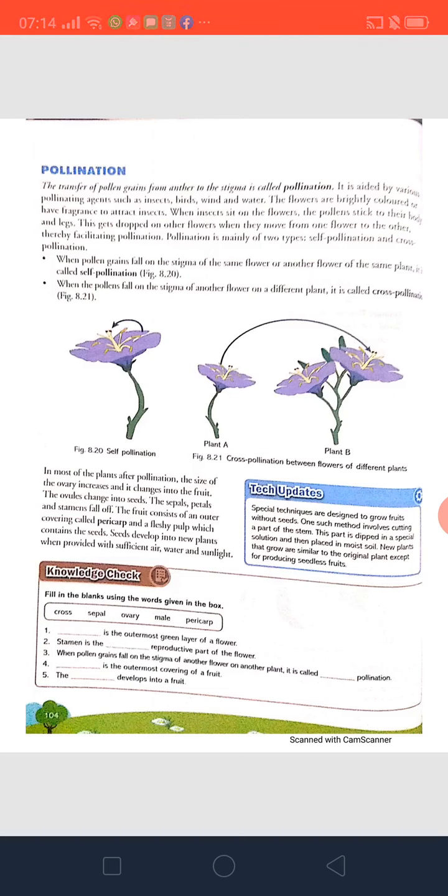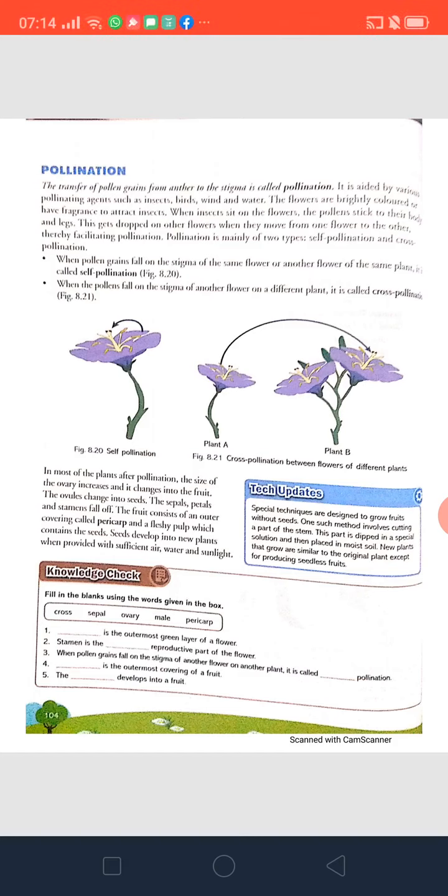Pollination means transfer of pollen grain. You know pollen grain, we have already studied. Pollen grains are a fine powdery substance found on the anther. You can say pollen grains contain the male gamete.